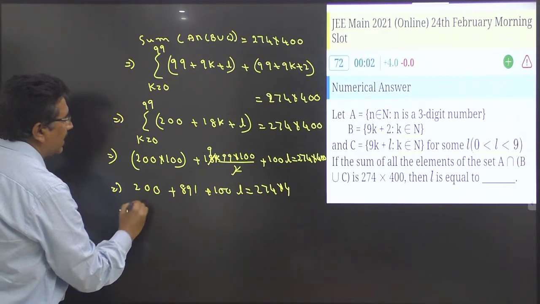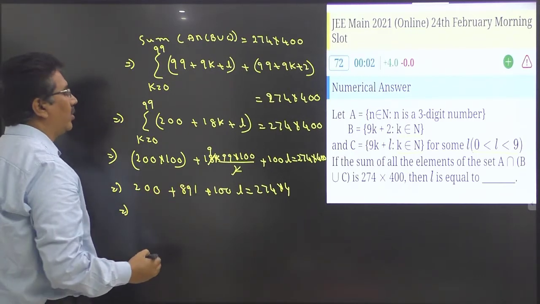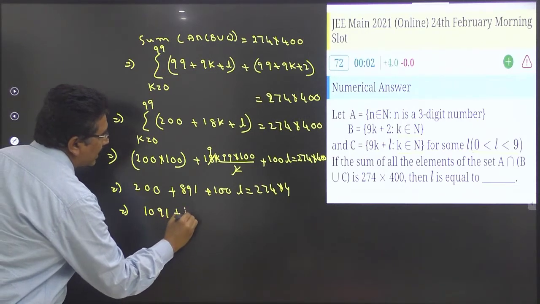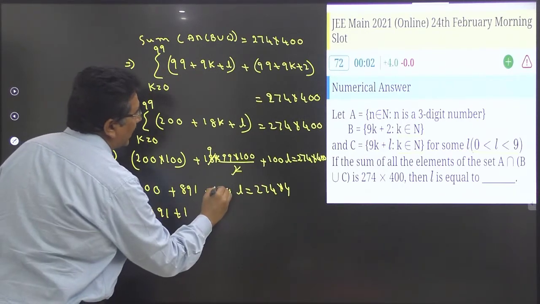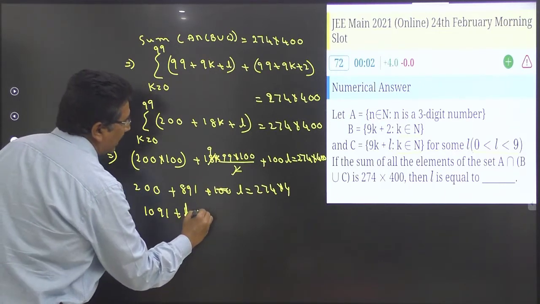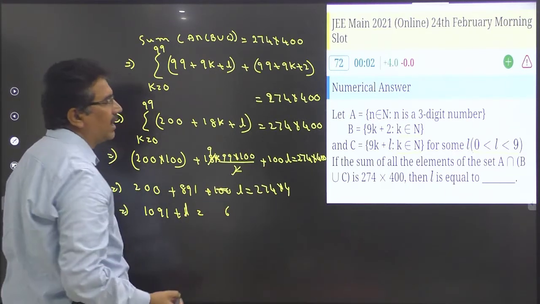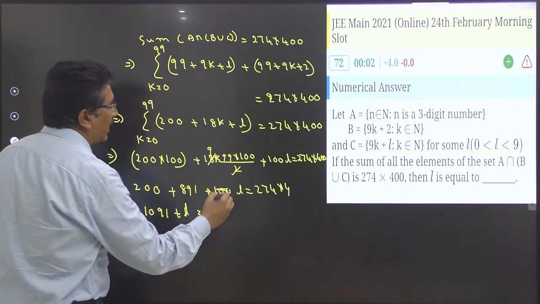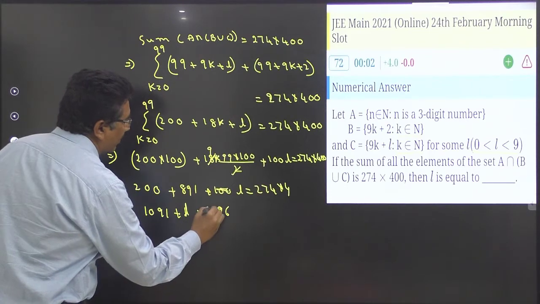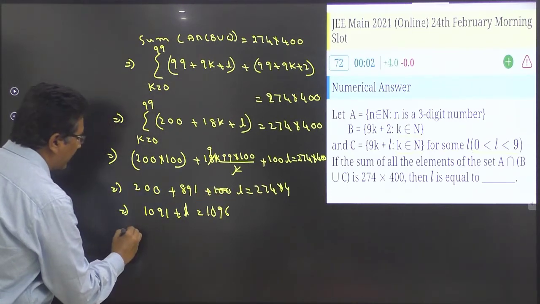That implies 800 plus 200, 1091 plus 100 L. Here 100 cancels, simply this is L. That is equal to 4 4s are 16, 4 7s are 28 plus 1, 29, 4 2s are 8 plus 2 is 1096.